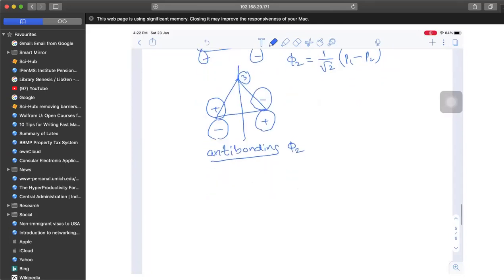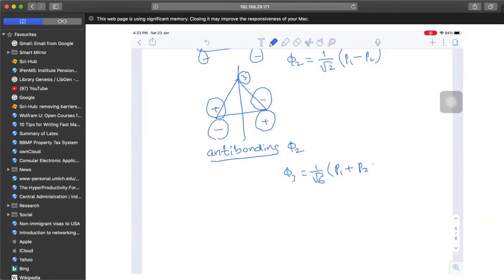Then the third molecular orbital, phi 3, is 1 by root 6 (P1 plus P2 minus 2 P3).